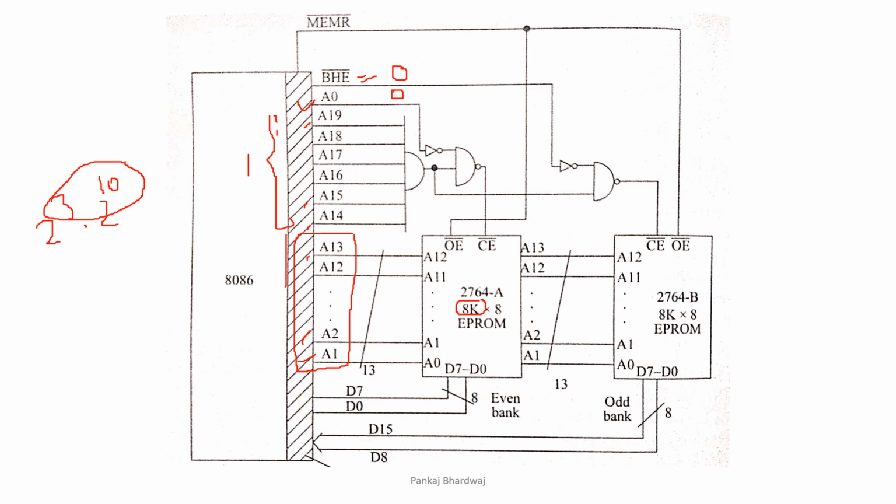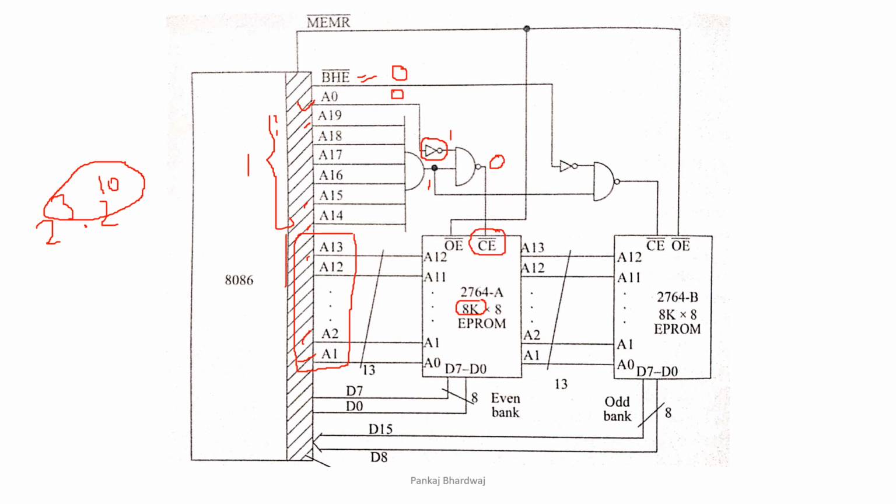So these 1s are connected to an AND gate, that means the output is 1. This A0, which is 0, is connected to an inverter, and the output is again 1. And as it passes through a NAND gate, 1 into 1 is 1, inverted, that means 0, and it is connected to the CE bar.